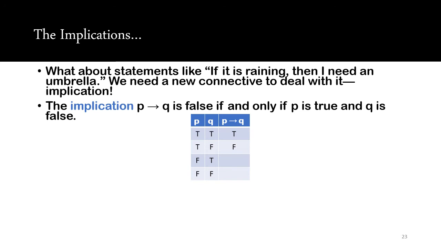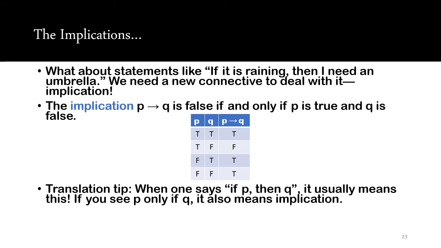It simply wouldn't be true. But the opposite is not true. I may need an umbrella, but it might not be raining. And, well, false does imply false. It's not raining, so I don't need an umbrella.